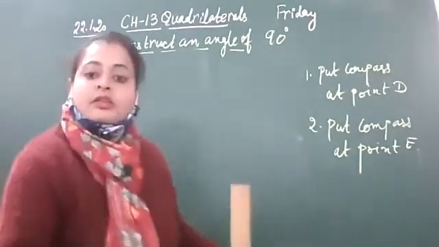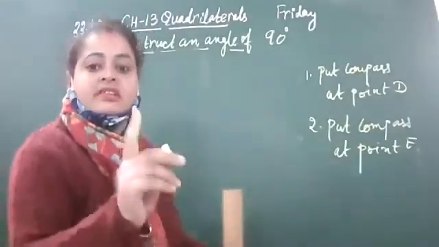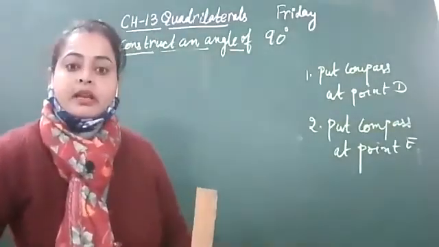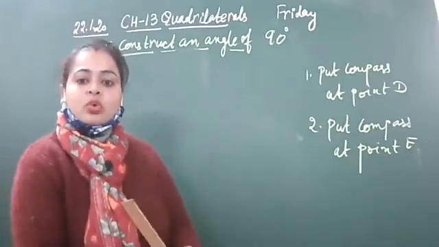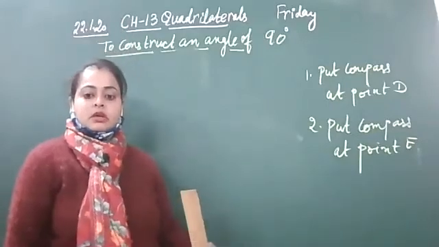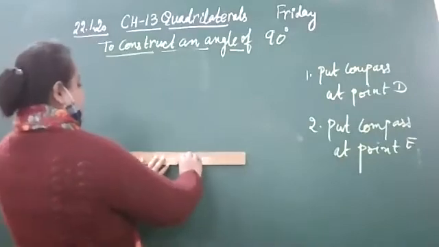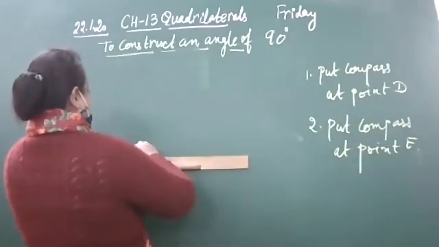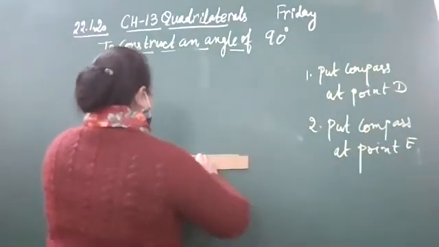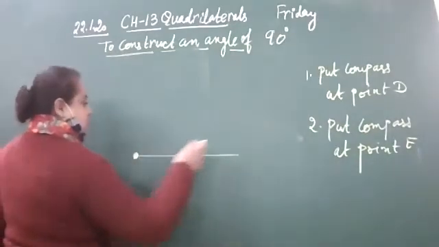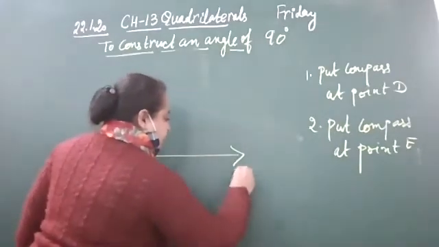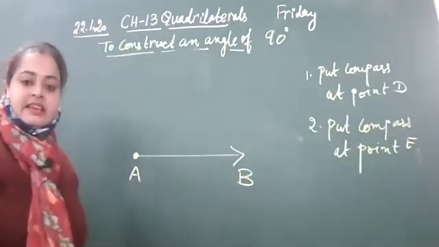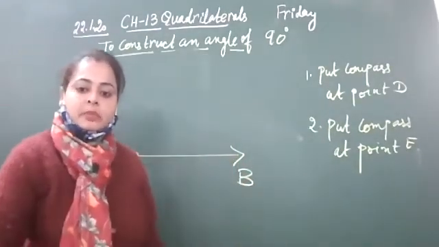Now, write down in the chat box, what is the first step? Quickly, I am waiting for your responses. Very good. The first step is to draw a ray. So this is A and this is B. What is the second step?